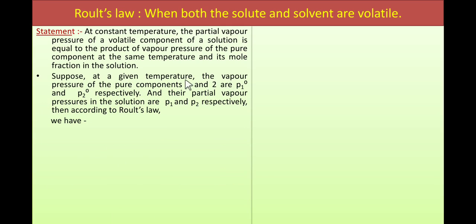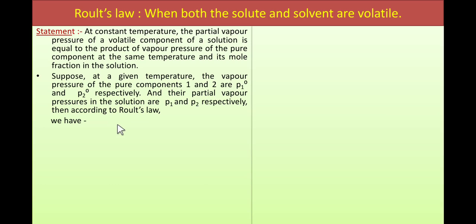Suppose at a given temperature, the vapor pressures of pure components 1 and 2, we can say 1 for solvent and 2 for solute, are P1 naught and P2 naught. Since both are volatile, both have vapor pressure in their pure form, and their partial vapor pressures in the solution are P1 and P2 respectively.